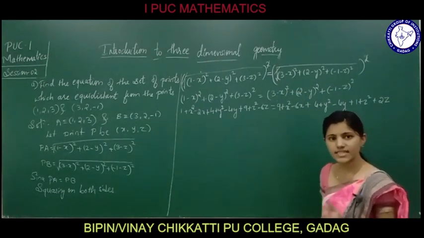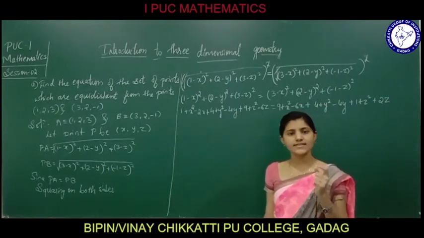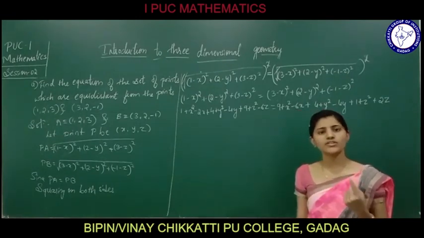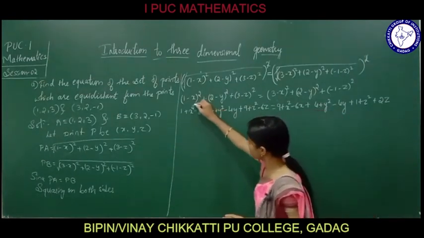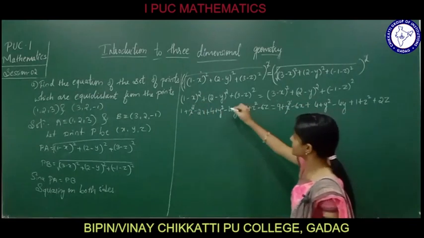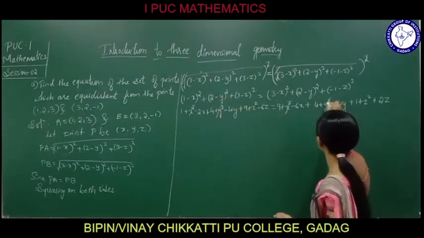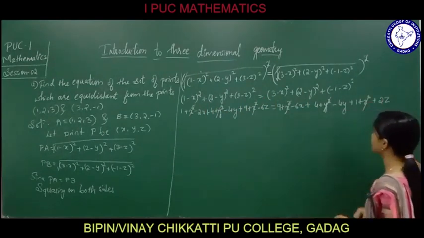Now cancel same terms on both the left hand side and right hand side. Listen carefully. We have x square on both sides, y square and y square get cancelled, z square and z square get cancelled.